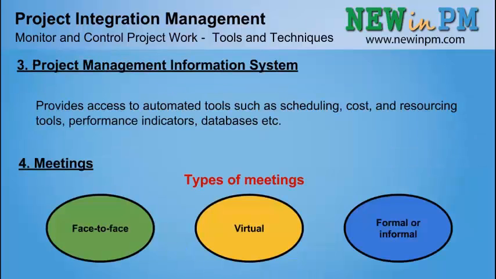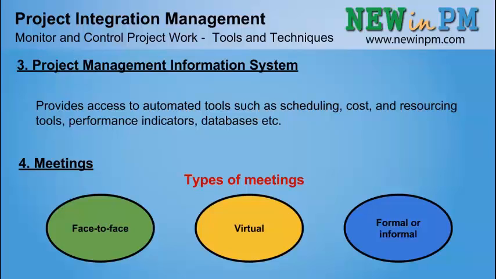The project management information system. The project management information system is a part of the enterprise environmental factors and provides access to automated tools such as scheduling, cost and resourcing tools, performance indicators, databases, and financials during the monitor and control project work processes.